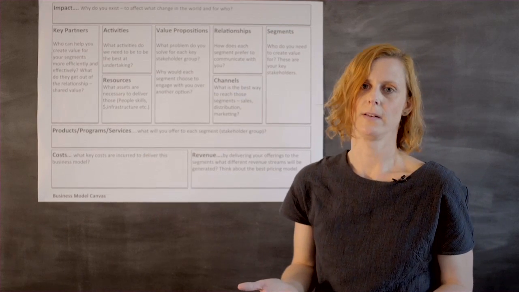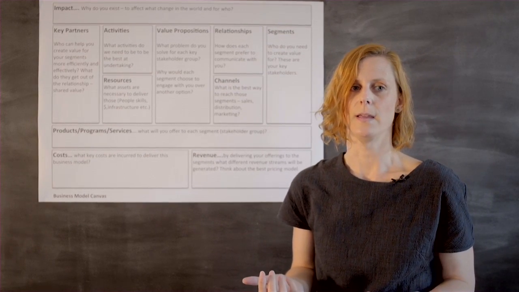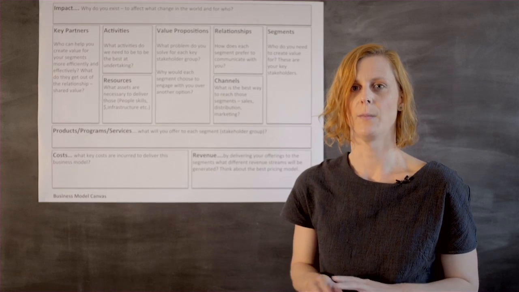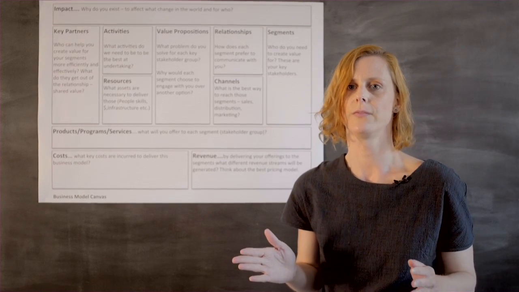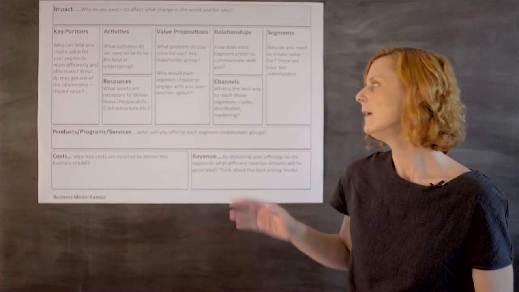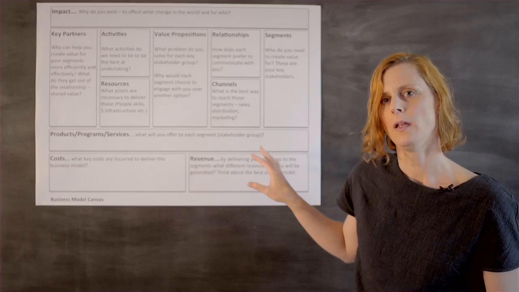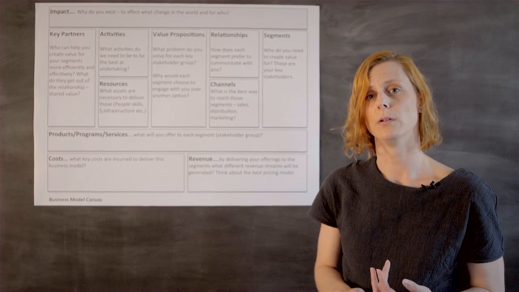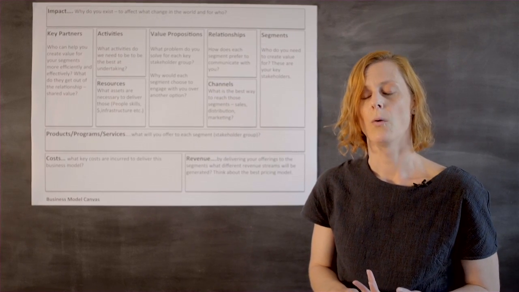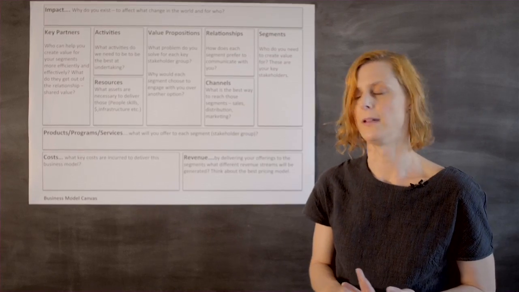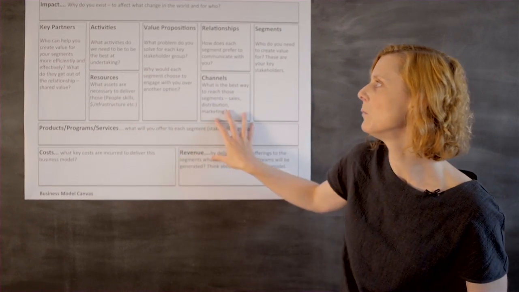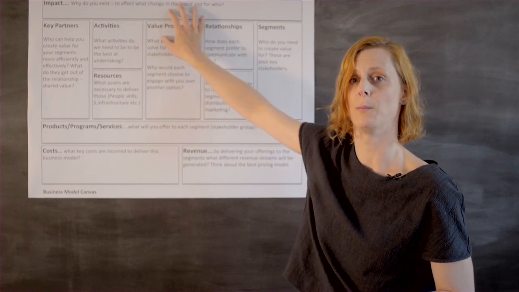Now, we find in talking to our clients that the benefit of the business model canvas comes once you have a first full draft of your as-is business model. And the reason for that is that at that point you can start to think about the what if. So what if we were able to double our corporate sponsorship? What if we were to lose 50% of our funding? What would actually happen to all of these pillars, and ultimately what would happen to our impact?